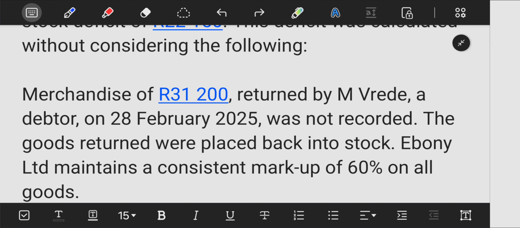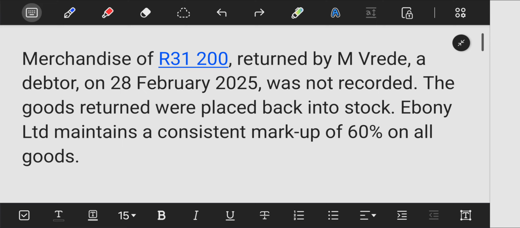So the stock take is telling us we have this amount of merchandise, and the books are telling us something different. And what the books are telling us is more than what we have physically counted.